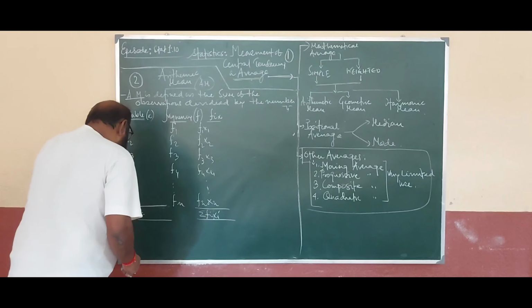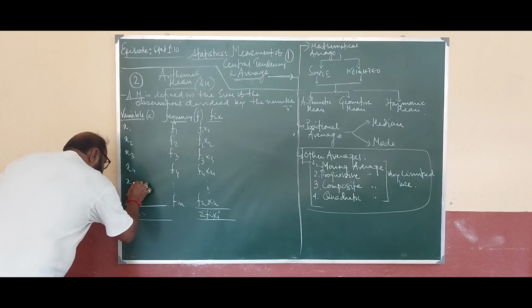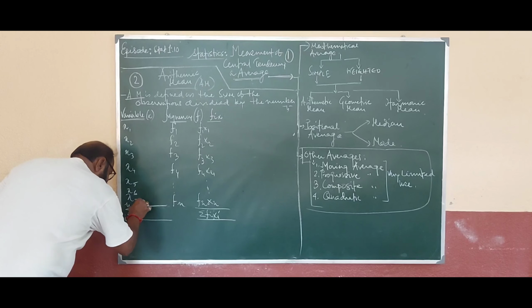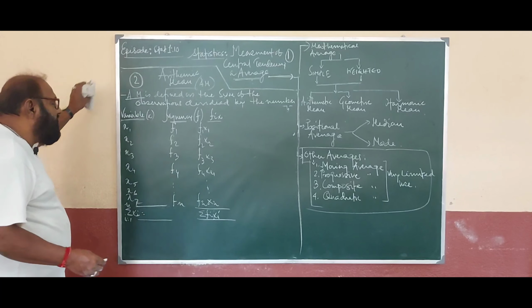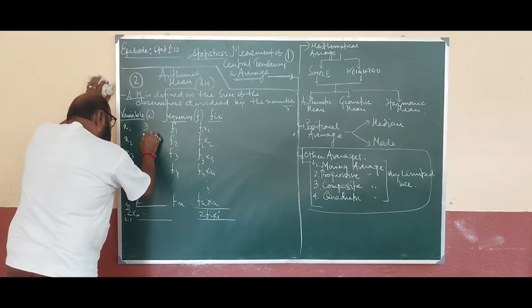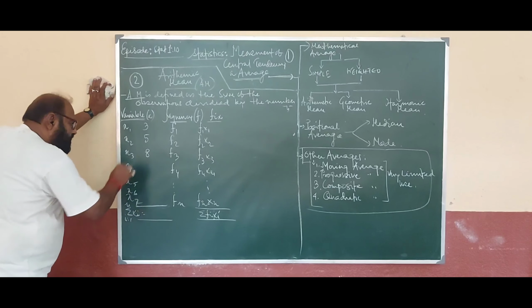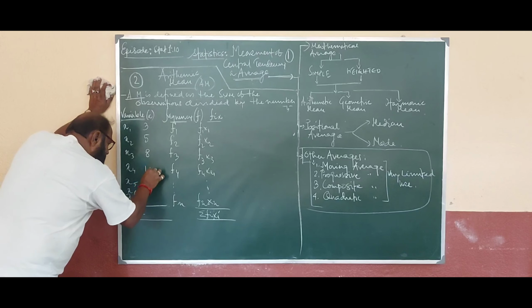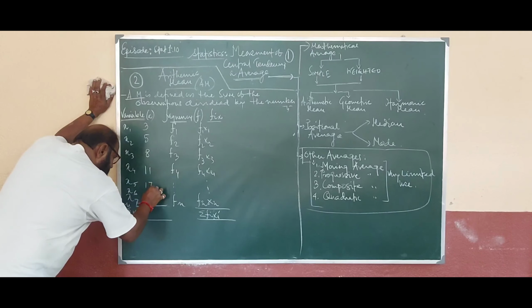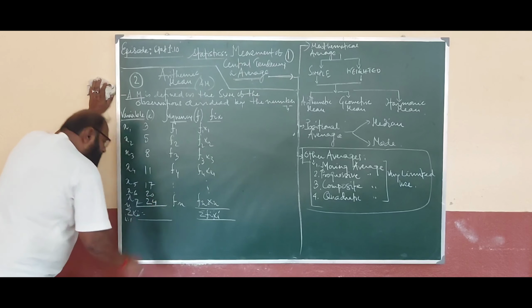Now I say in this place, I am putting the values: x1 up to x7. Take any values: it is 3, it is 5, it is 8, it is 11, it is 17, it is 20, it is 24.